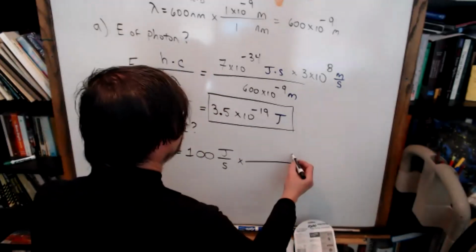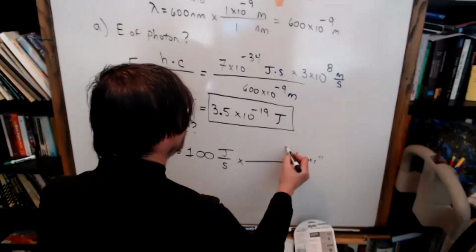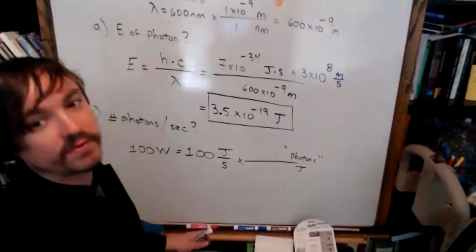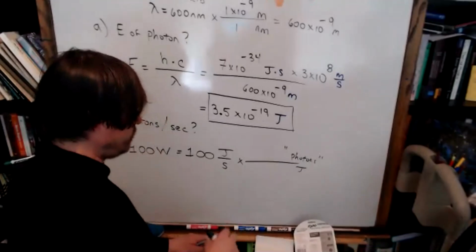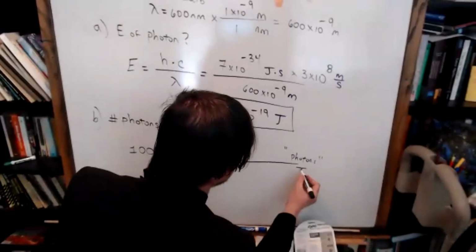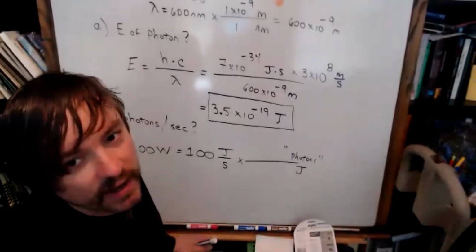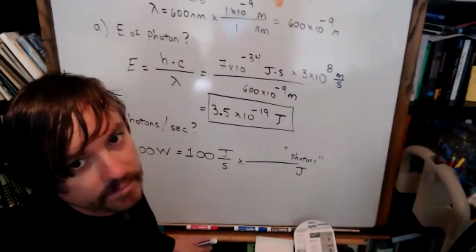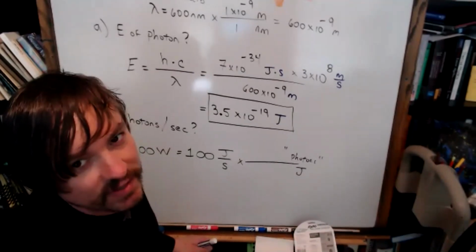Photons, right? Photons are technically like a conceptual unit, but you can do it. If only you knew the number of photons per joule or the number of joules per photon, you'd know what to put in there. Where can I find the number of joules per photon? In our notes? No, it's specific to 600 nanometer light.